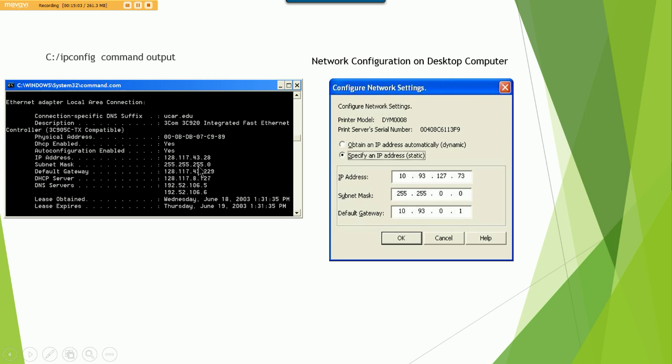So the first 24 bits have to be the same. 128.117.43 are the same. In the address of the DHCP server, the first 24 bits are not the same, because this is 128.117, but this is .8, not .43.